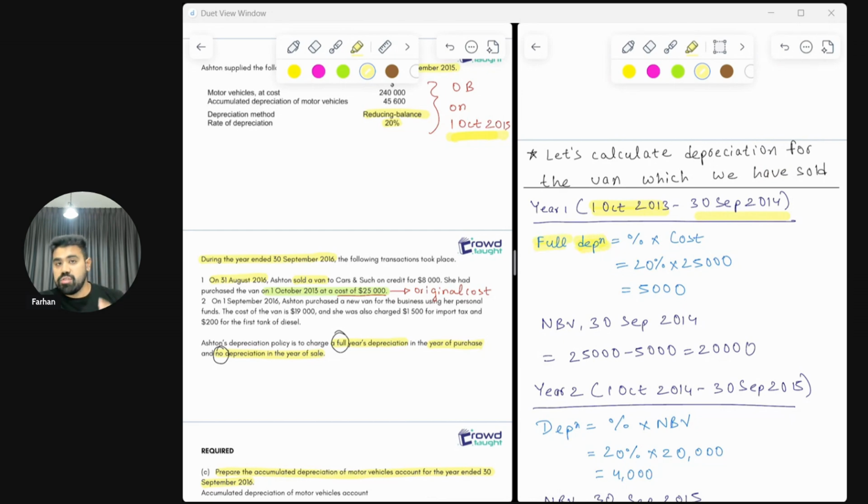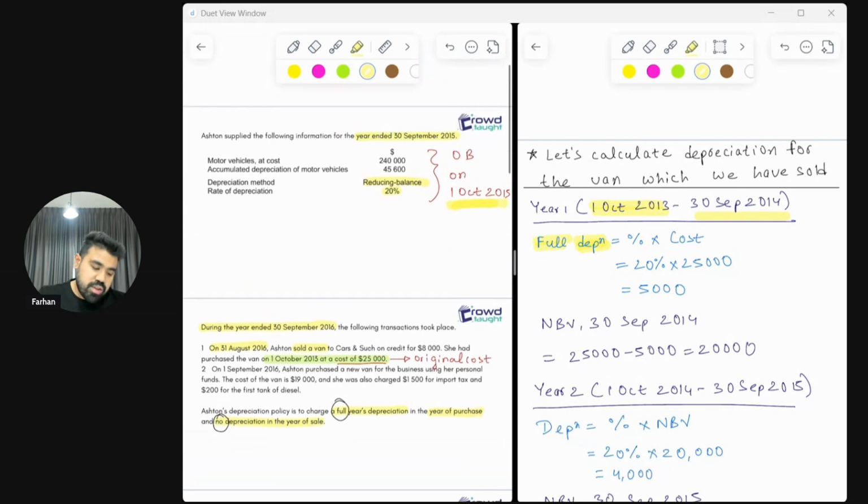When you are using the reducing balance method, in the first year of usage, you always multiply the given rate with the cost. The given rate in the question is 20%, as you can see, I'm highlighting in red, and this 20% is multiplied with the original cost of $25,000, which we had sourced from the first transaction, okay? And the full depreciation, therefore, is $5,000 in year 1 for the specific asset, okay?